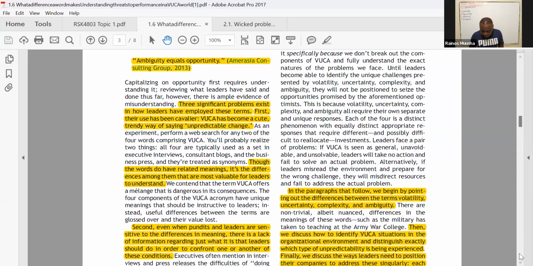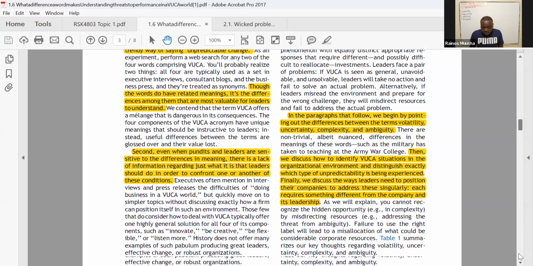And secondly, even when pundits and leaders are sensitive to the differences in meaning, there is a lack of information regarding just what it is that leaders should do in order to confront one or another of these conditions.